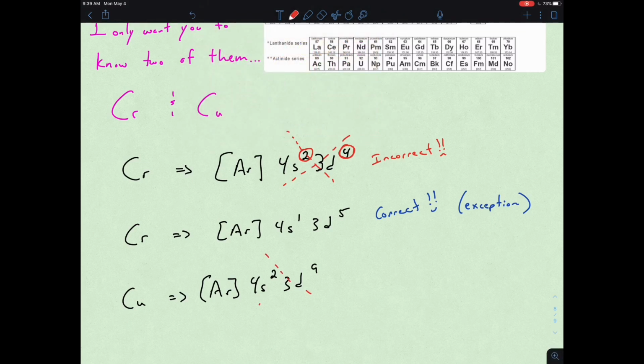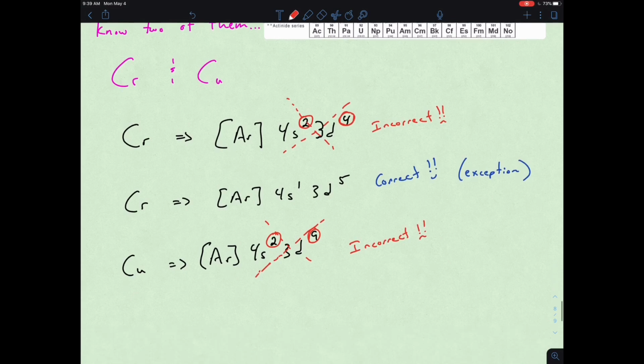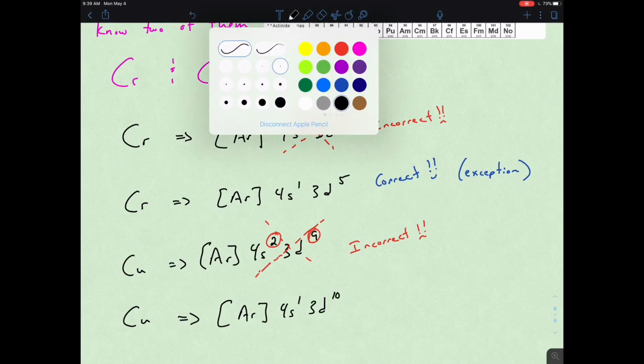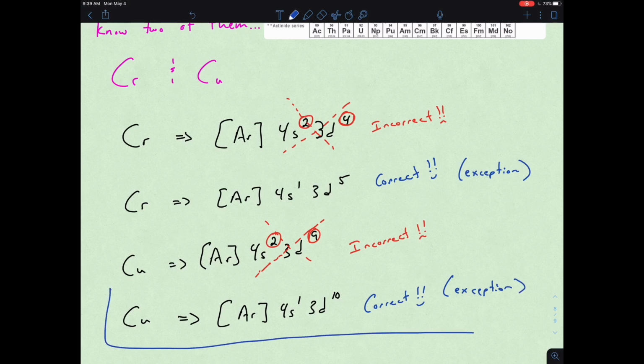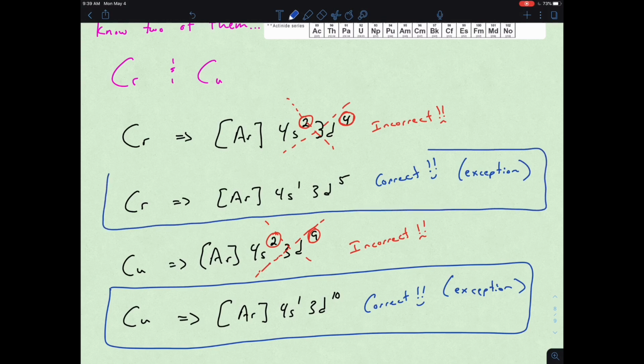But again, that is incorrect with these electrons as we have them. So for copper, it would really be argon 4s1 3d10. And so that is correct. Again, this is one of these exceptions that we've been talking about. There's more than one, but these are the two that I want us to actually know.